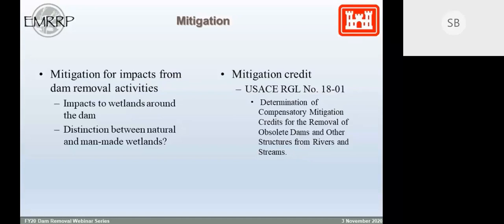The Corps Regulatory Guidance Letter number 18-01 provides some information on factors to consider when determining mitigation credits, recommendations for quantifying mitigation credits, as well as treatment of wetland losses from dam removal. According to the RGL, restoration of streams that results from removal of obsolete dams should not require compensatory mitigation if those actions result in net increases in aquatic resource functions. So that would be a good thing.